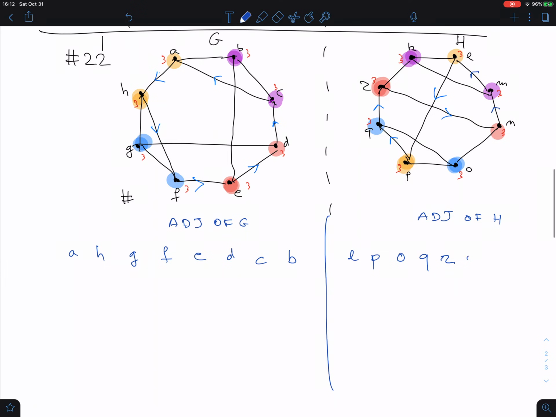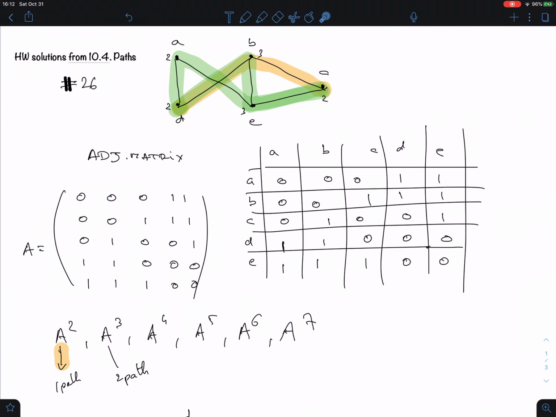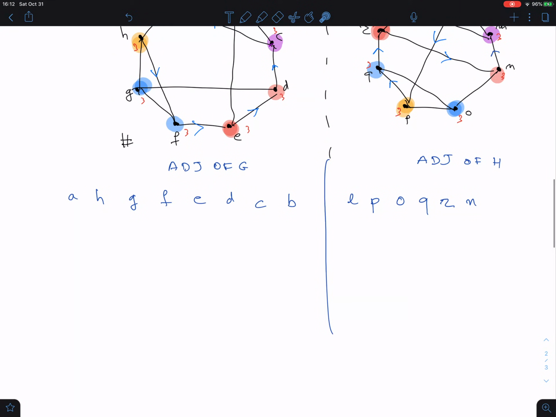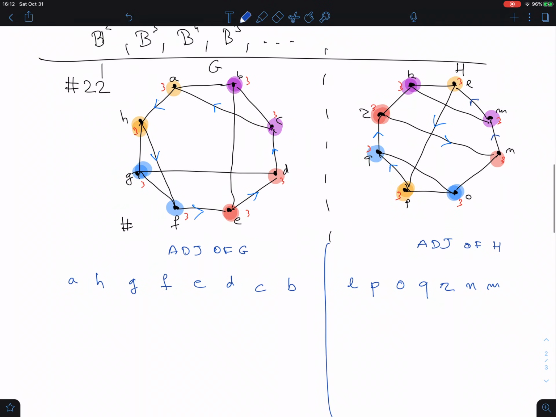Single red is N. Single purple is M. And then finally double purple is K. So this is the correspondence from the left to the right.